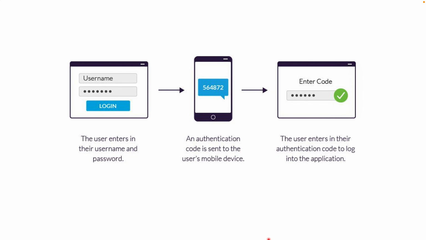For example, if you are logging in to your Google account on a new device, after you enter your Google account and password correctly, Google will require you to open your Google Authenticator on your phone to get an authentication code and enter this code to confirm it's you.